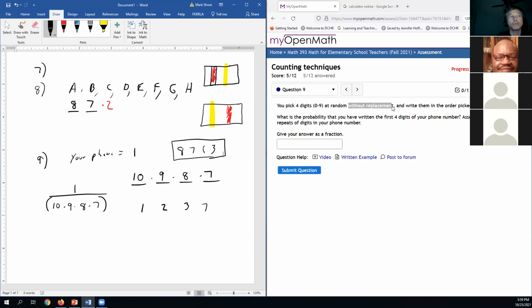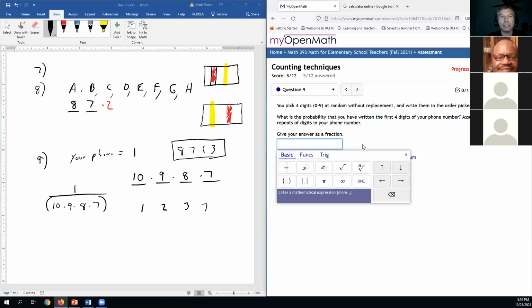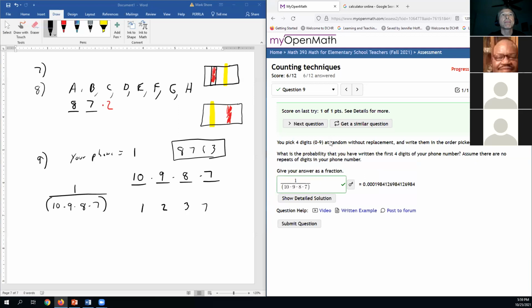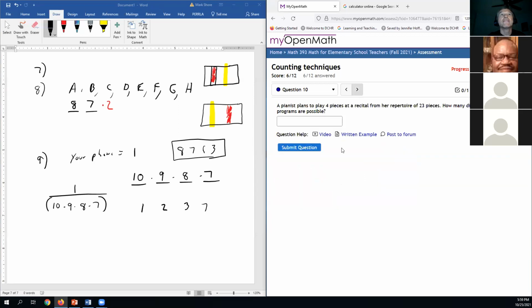So the right answer there, and it has to be written in the form of a fraction, is 1 over 10 times 9 times 8 times 7. Okie doke. So just read through these as you do them. Use your written examples and the videos to help you, and then practice them.